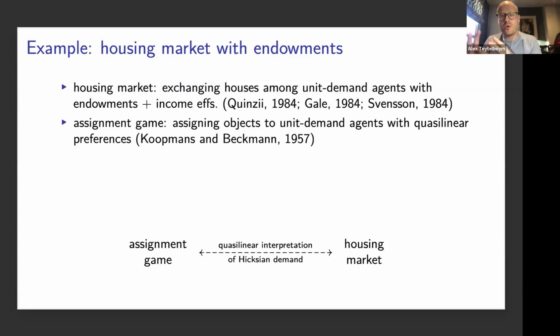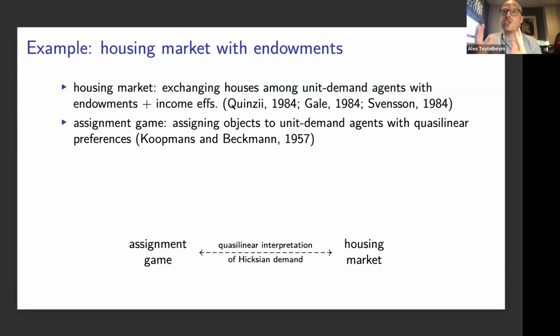So what I want to do is say something about equilibrium in the housing market by knowing something about equilibrium in the assignment game. I'm sure most people on this call know that in the assignment game, existence of equilibrium is very well understood. It's also very well understood for the housing market, but the way in which you arrive at a proof is actually very different.